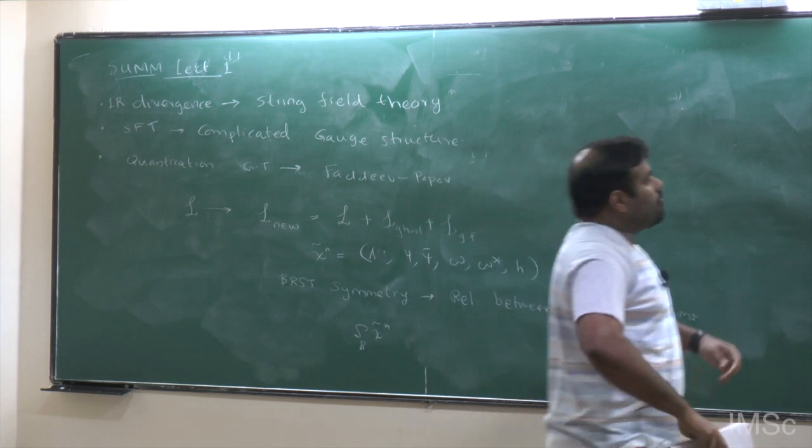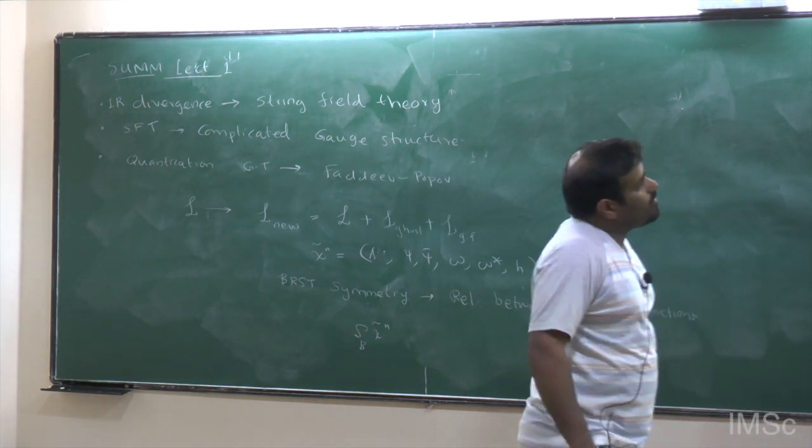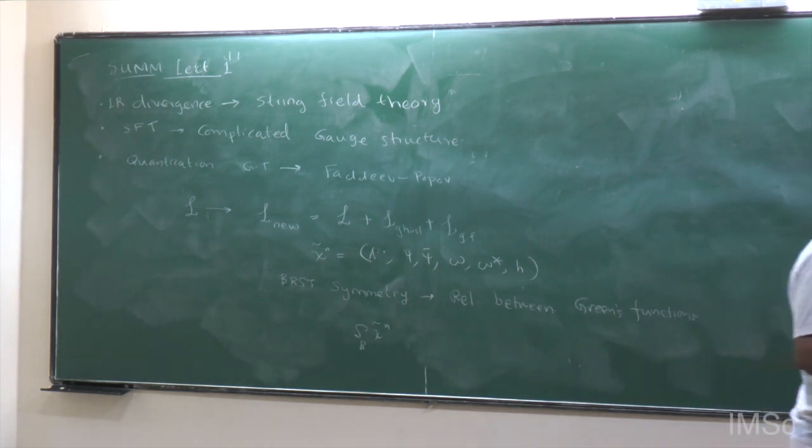We wanted to figure out what is the implication of BRST symmetry for this generating function. And we said that that's a Slavnov-Taylor identity. Once we got the Slavnov-Taylor identity, then we found another relation, which was the Zinn-Justin equation.